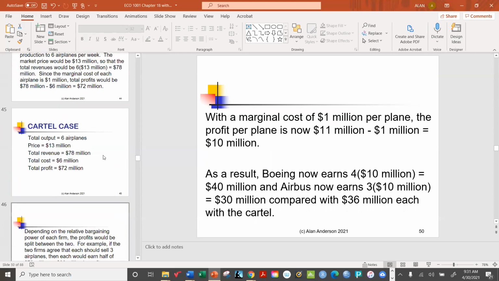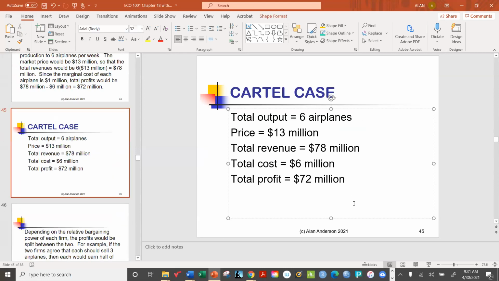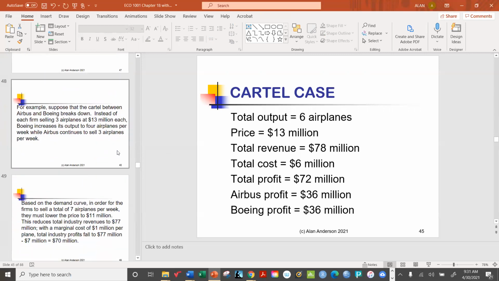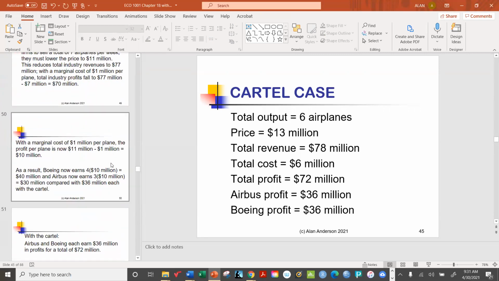So let's do this. Let's assume in the cartel case that they've split up their profits. And here, Boeing profit equals 36 million. So what I'd like to do is have a summary like this. It's easier than just reading all the details, I think.